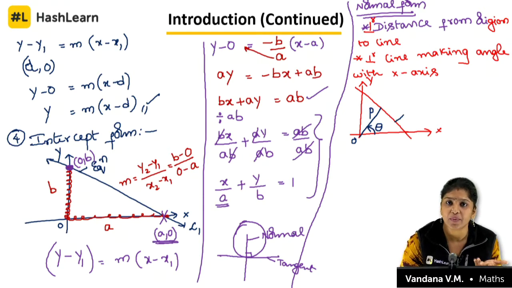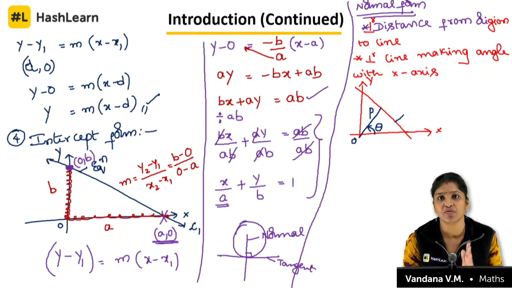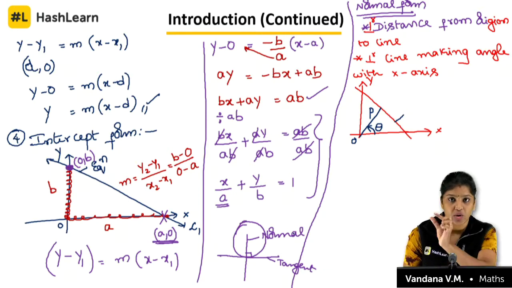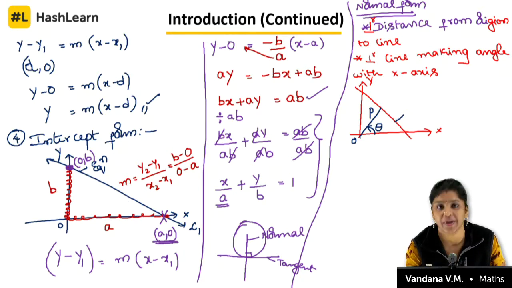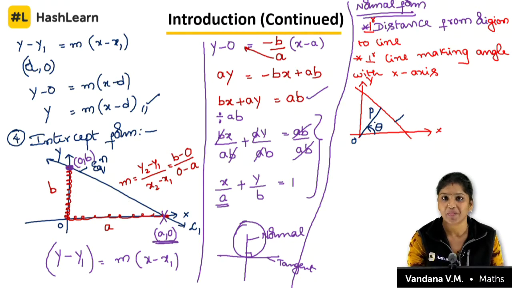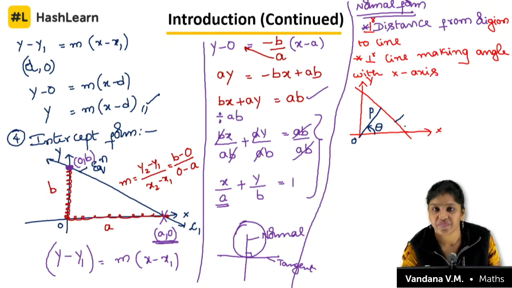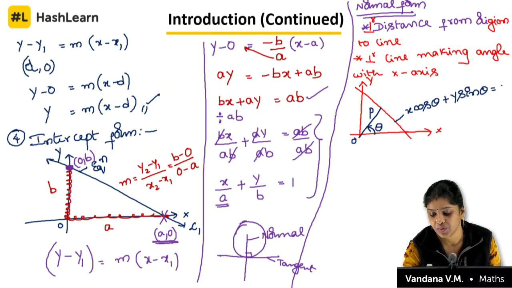What information are they providing? All the information about the perpendicular line. Perpendicular is called normal. So, the perpendicular distance and the angle made with the x-axis is the whole information regarding the perpendicular line. Whenever they give this, the equation of the line is x cos theta plus y sin theta is equal to p.